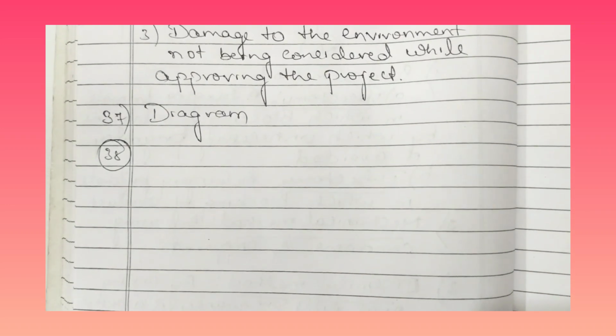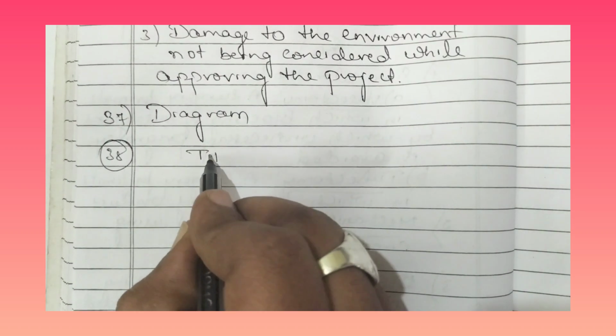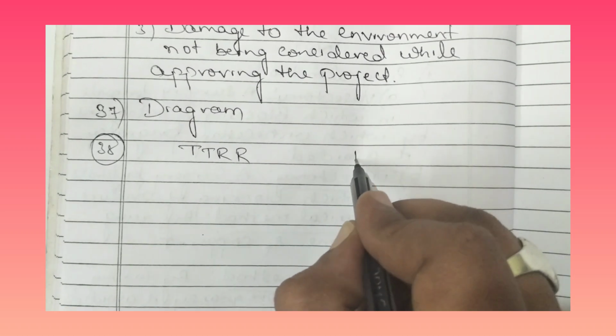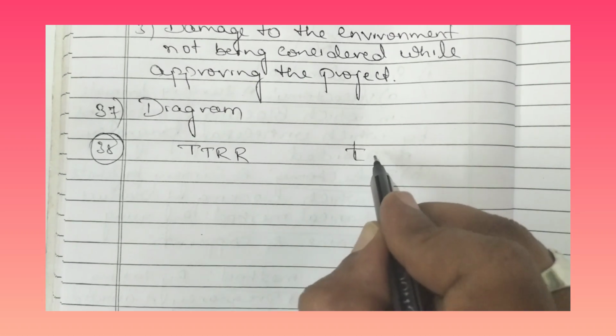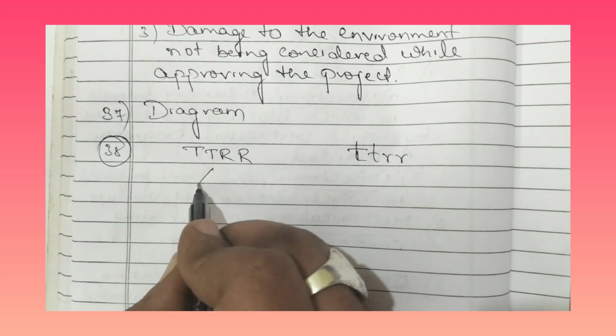So the parental plant will be capital T, capital T, capital R, capital R, cross pollinated with small t, small t, small r, small r. So this is the genotype.